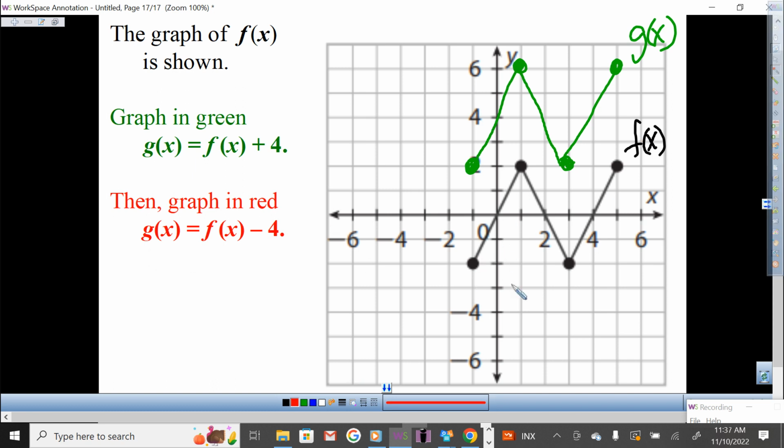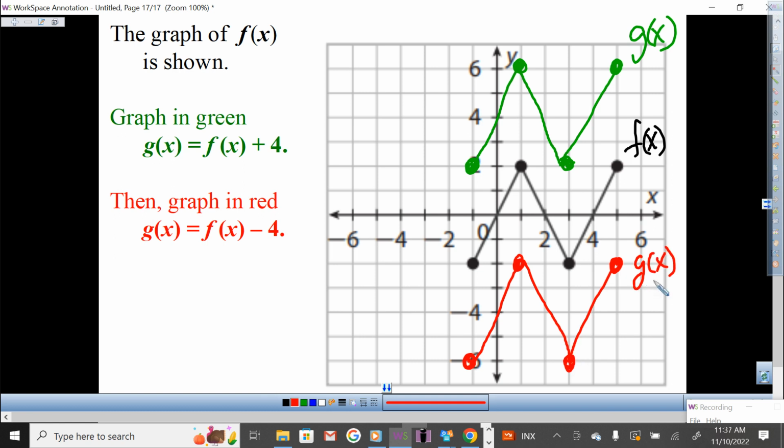What's going to happen to get the red one, Valente? If this one went up 4, what is this one going to do? Let's go. We go 1, 2, 3, 4 for each point. And we're also going to label this one for right now g of x.